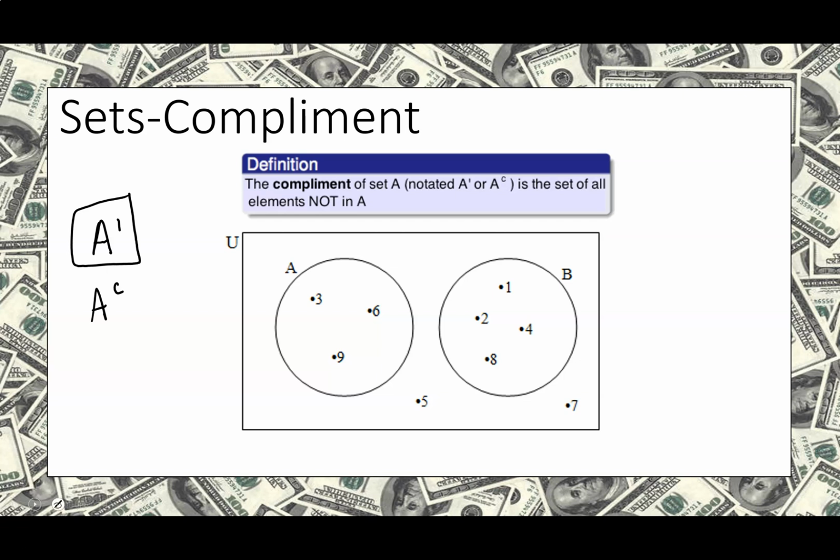All right, so what would that look like? Maybe pause your video and try to shade that in. But not in A would actually be everything on the outside of A. Okay, so I'm going to highlight everything that's not in A. Most definitely not perfect, but you definitely get the idea.